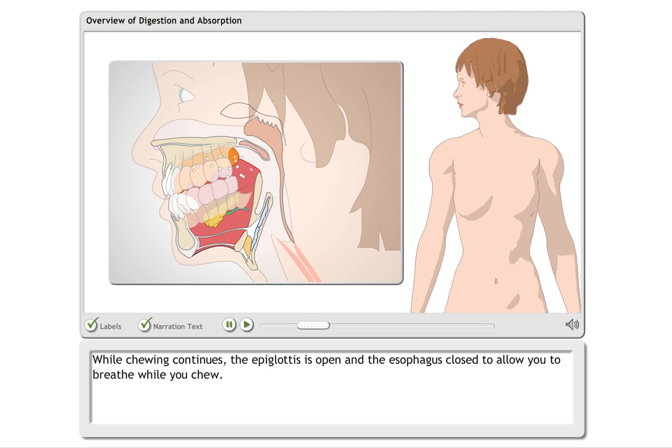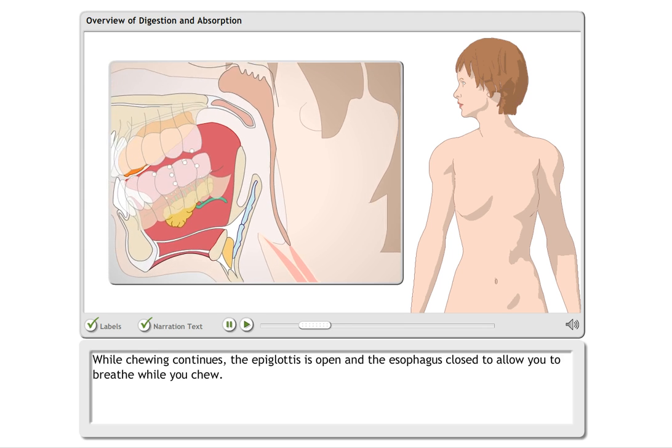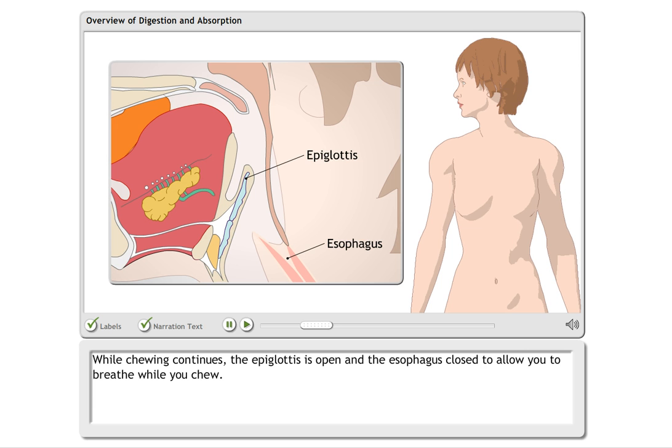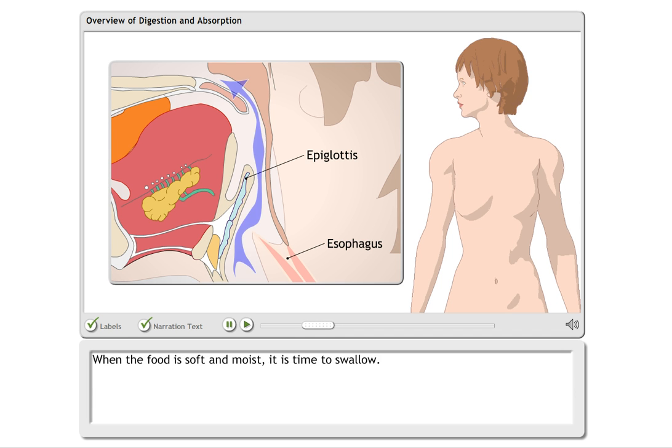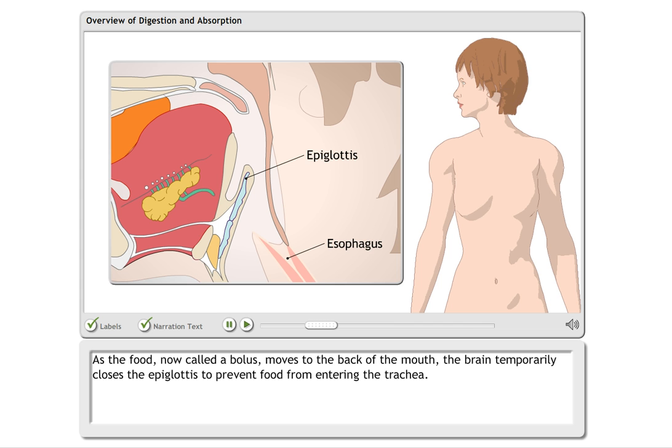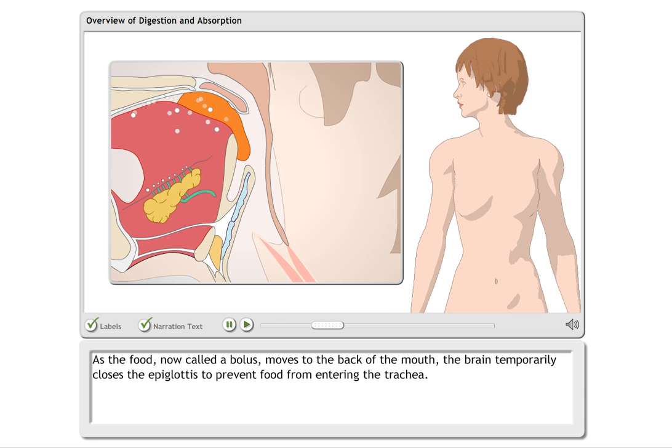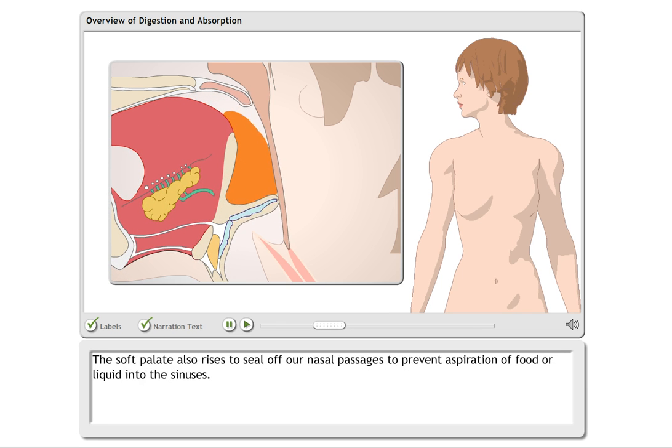While chewing continues, the epiglottis is open and the esophagus closed to allow you to breathe while you chew. When the food is soft and moist, it is time to swallow. As the food, now called a bolus, moves to the back of the mouth, the brain temporarily closes the epiglottis to prevent food from entering the trachea.